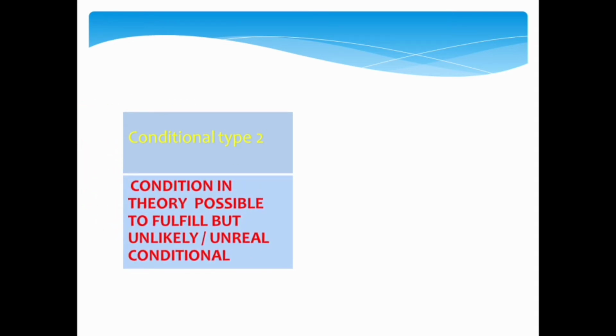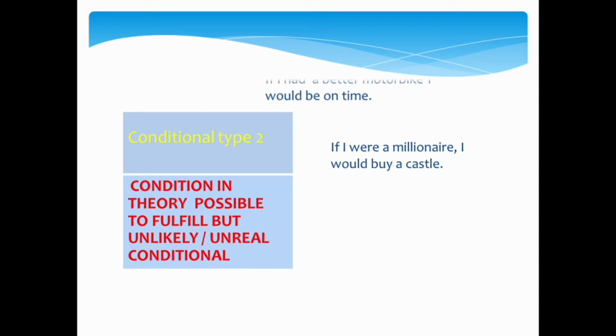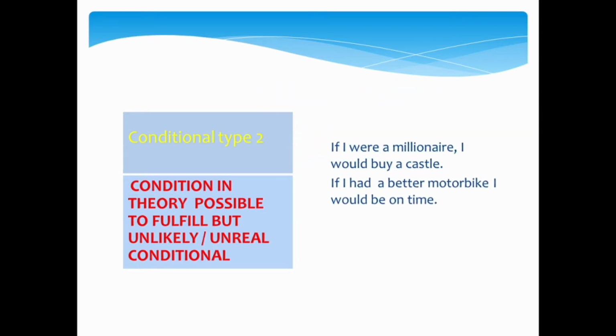Let's go now to conditional type 2. A condition in theory possible to fulfill but unlikely, which means unreal conditional. So here we start to talk about the past. If I were a millionaire, I would buy a castle. If I had a better motorbike, I would be on time.